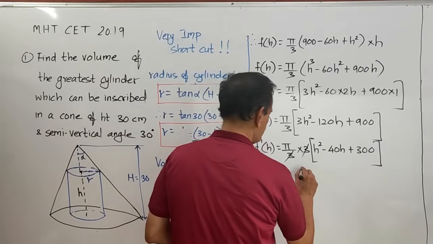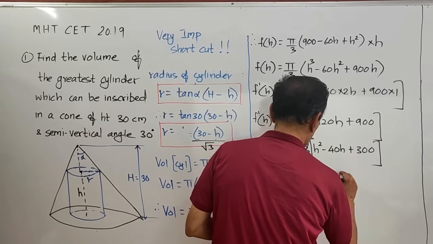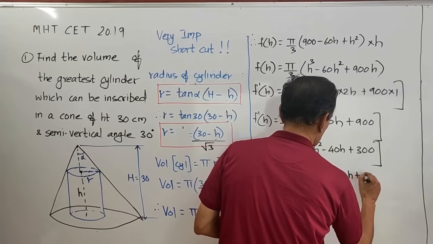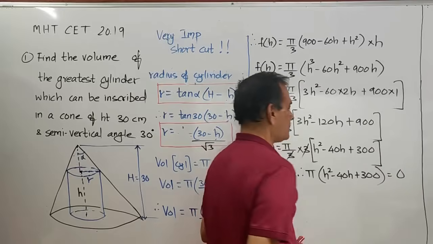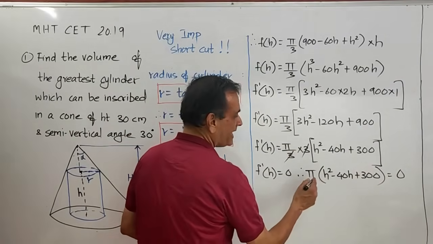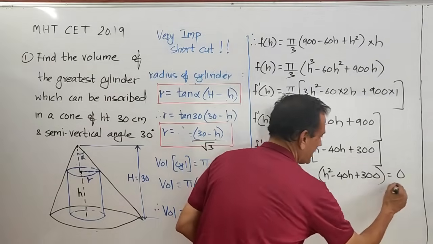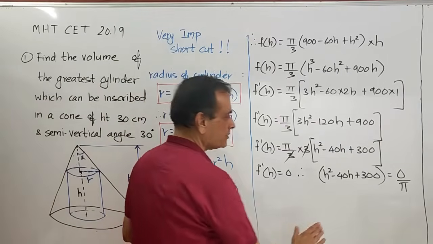Therefore, 0 upon pi, pi goes away, look, 0 upon pi becomes 0.